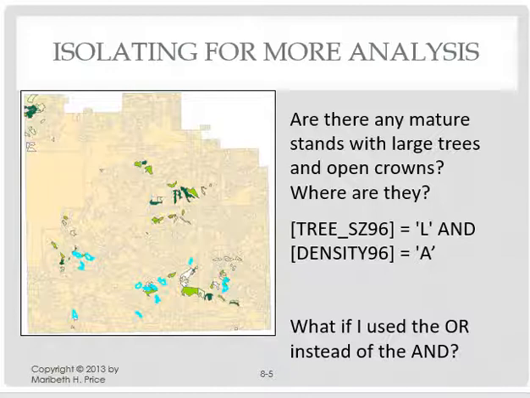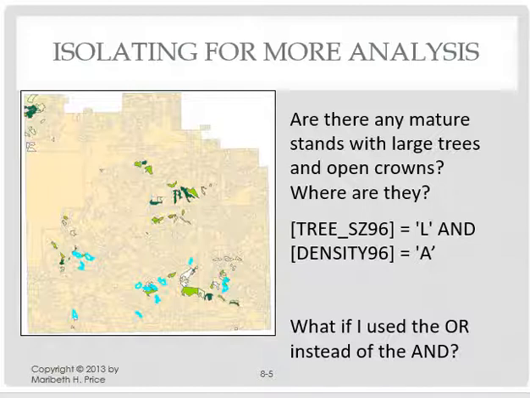So here's the example of using two different attributes within the same feature class. So the tree size equals L, and the density equals A. So what I'm looking at are two kinds of categorical data.